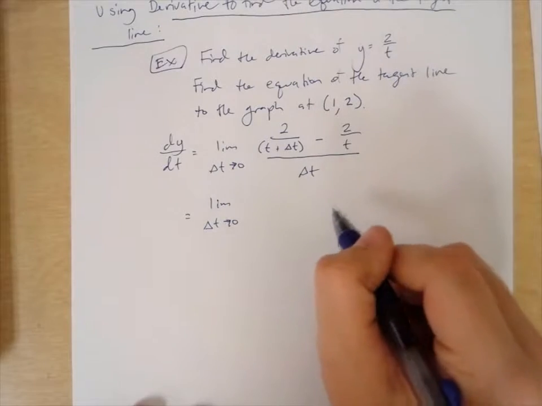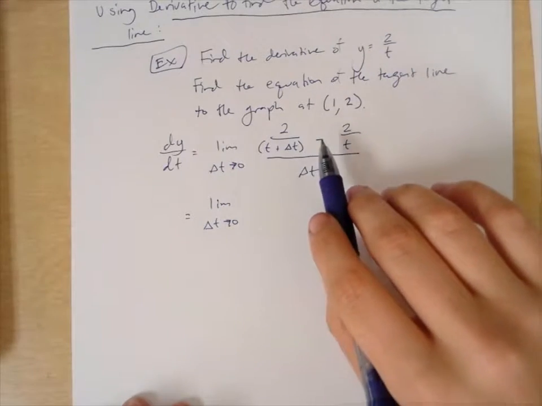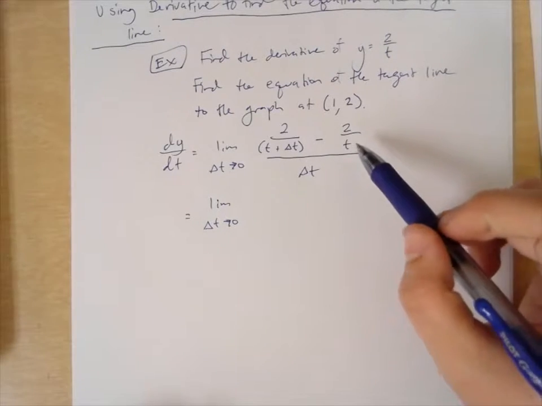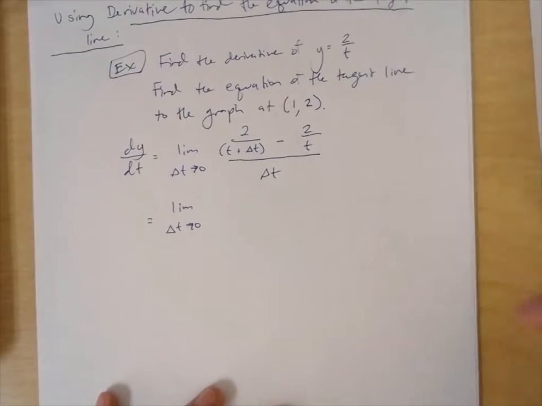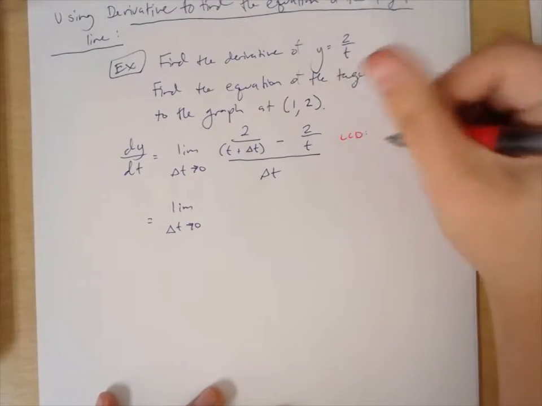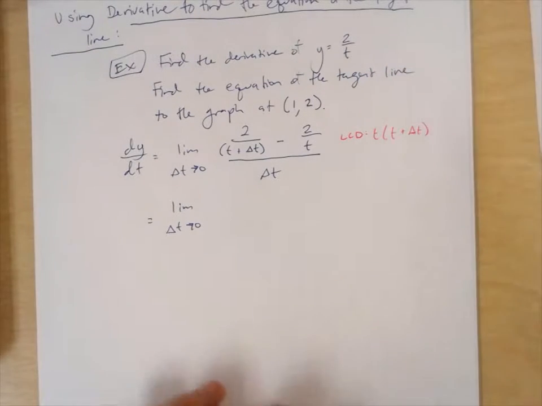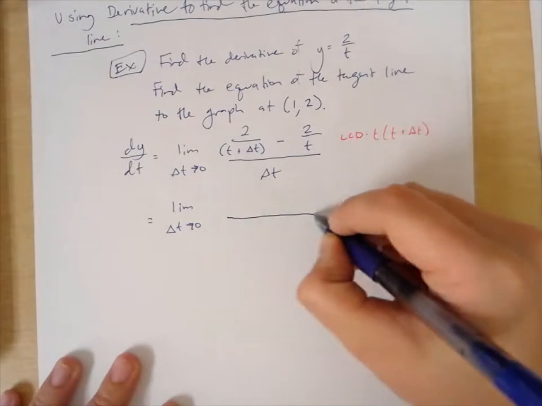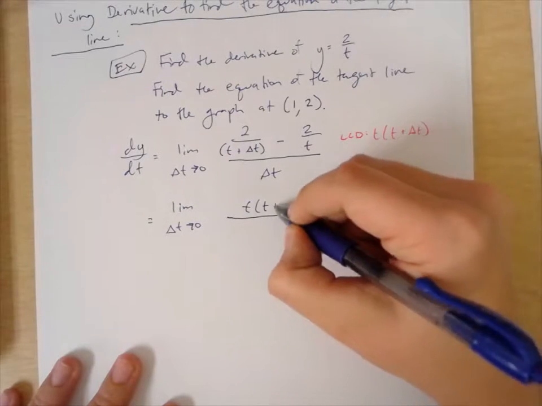What we can say we have is one fraction on top, and here's what I mean. We're going to take the LCD of these two fractions, which would be t times (t plus change in t). And then what we have to do is write that new fraction. We know the bottom of our new fraction is going to be t times (t plus change in t).